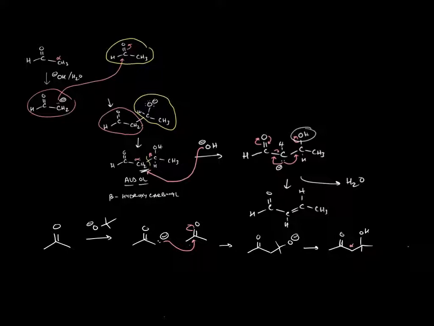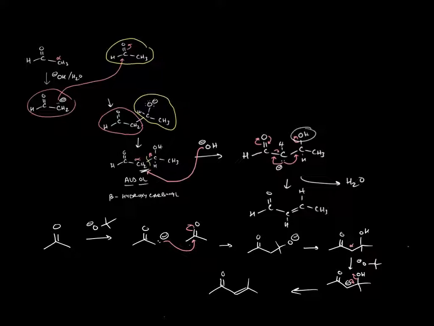And through the reaction with more base, we could create a C- right there, which would swing over and kick off our alcohol, therefore giving us the final condensation product that looks like this.